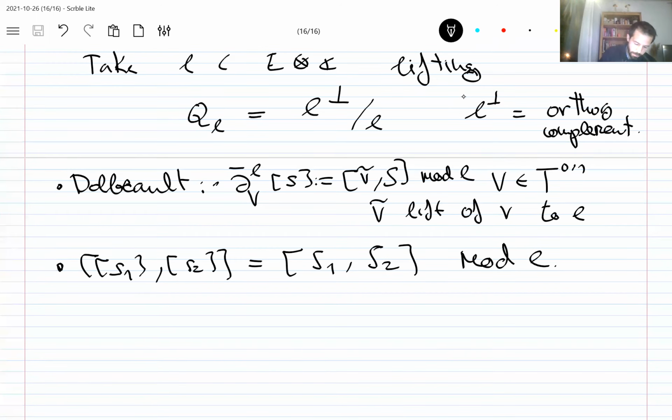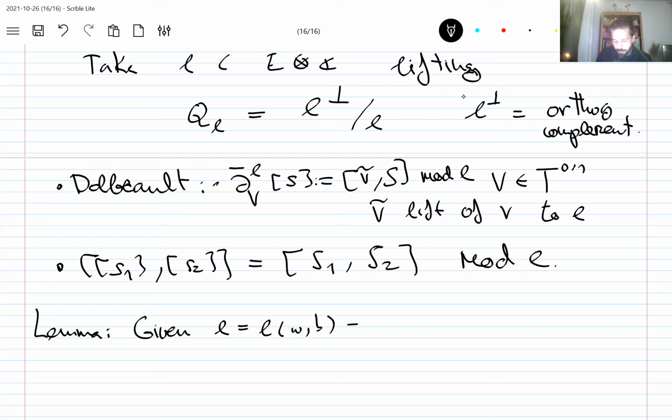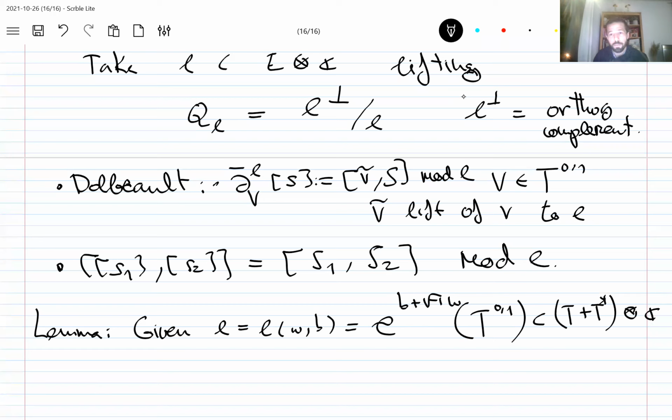So, lemma: given L, a splitting, sorry, a lifting of tangent 0,1 as before, e to the b plus square root i omega tangent 0,1 inside the complexified tangent plus cotangent, for some closed 3-form H naught.